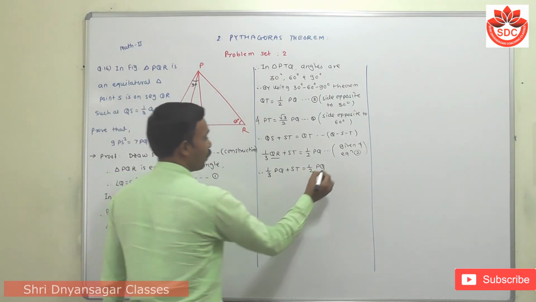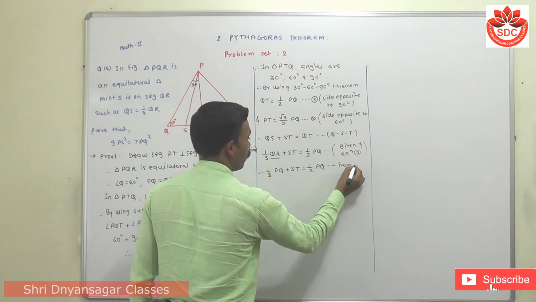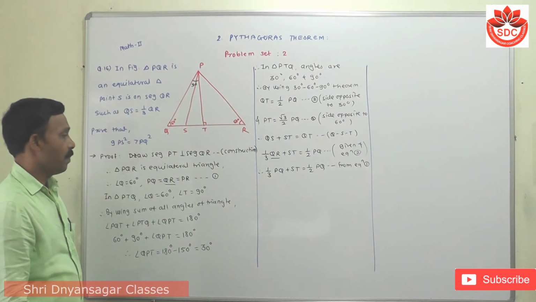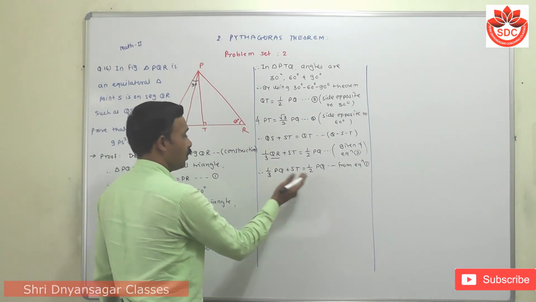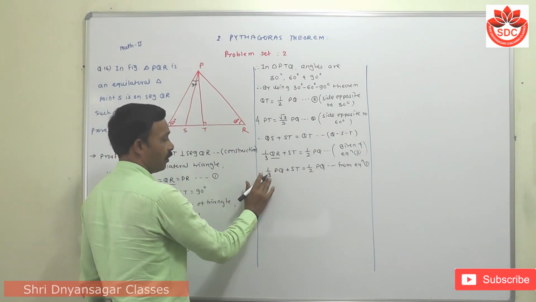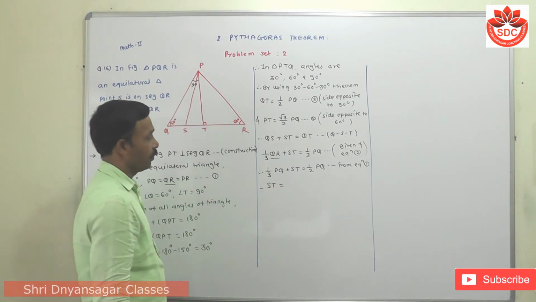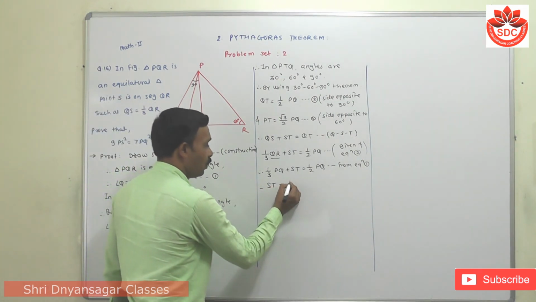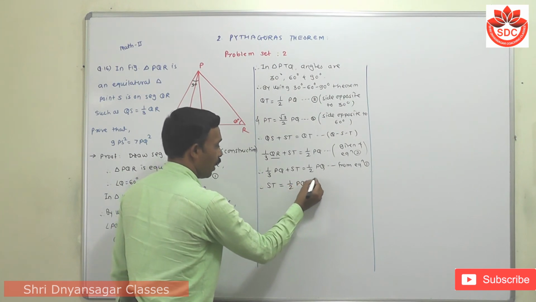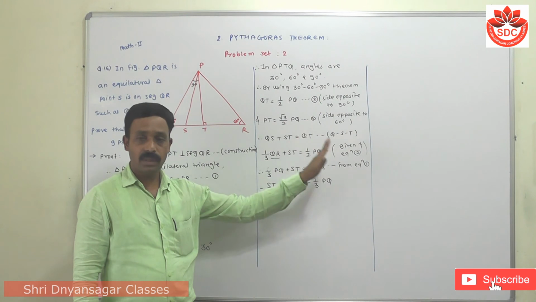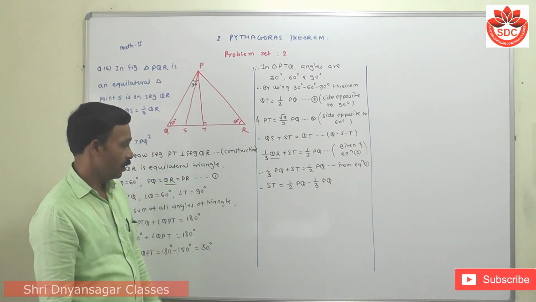From first. Then transpose this to the other side to find the value of ST. ST is equal to 1 upon 2 PQ minus 1 upon 3 PQ. This is plus; transposed here, it becomes minus.